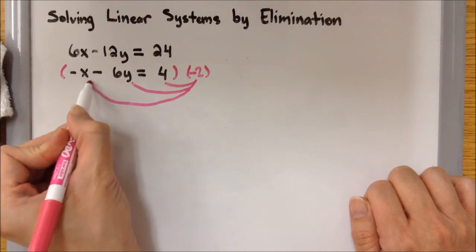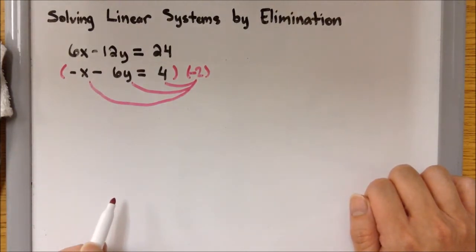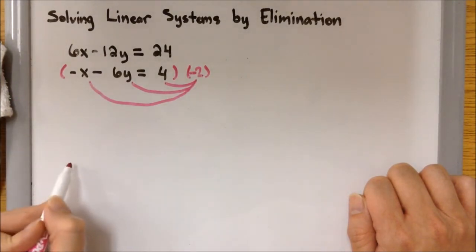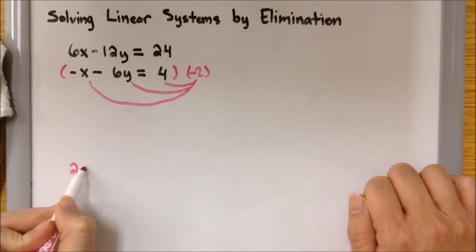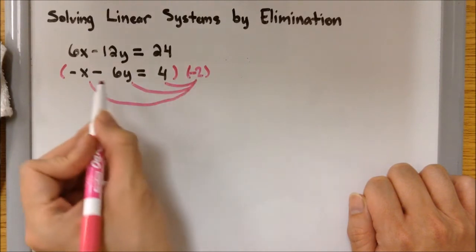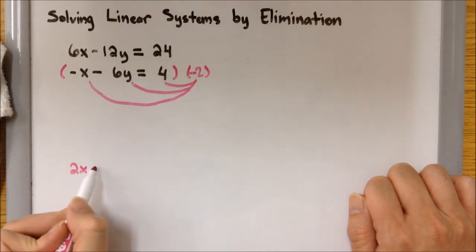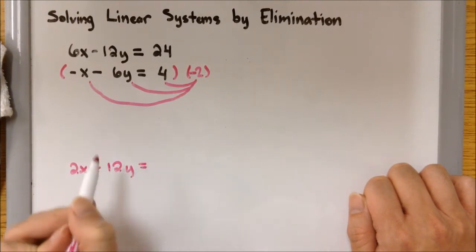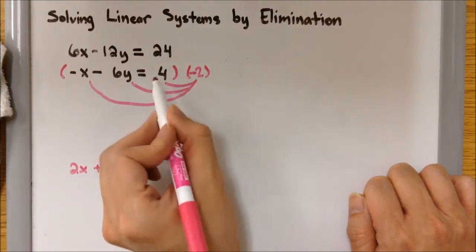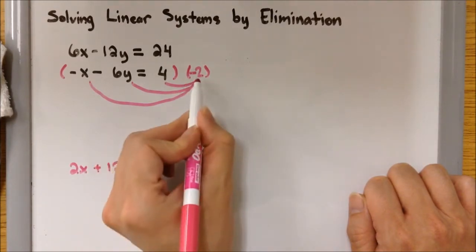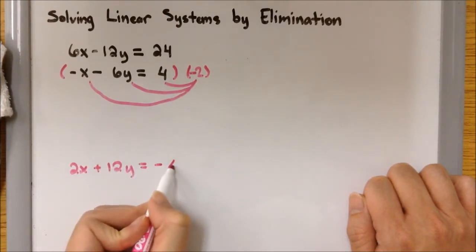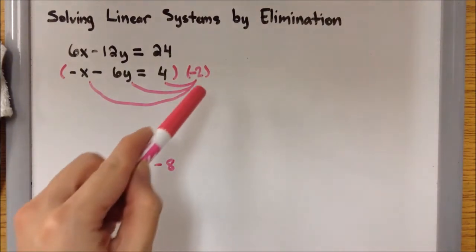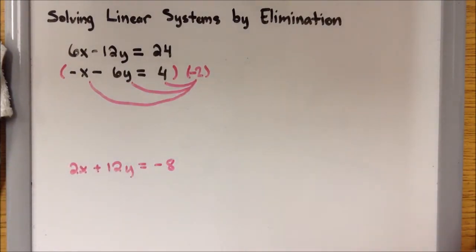When you're doing elimination, you have to multiply the whole equation. So -2 times -x will be +2x. -2 times -6y will become +12y. And then equal sign, -2 times 4 will be -8.